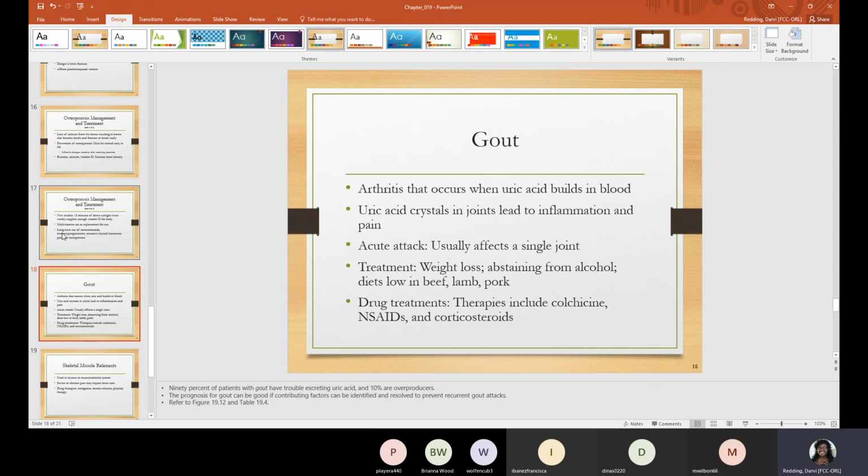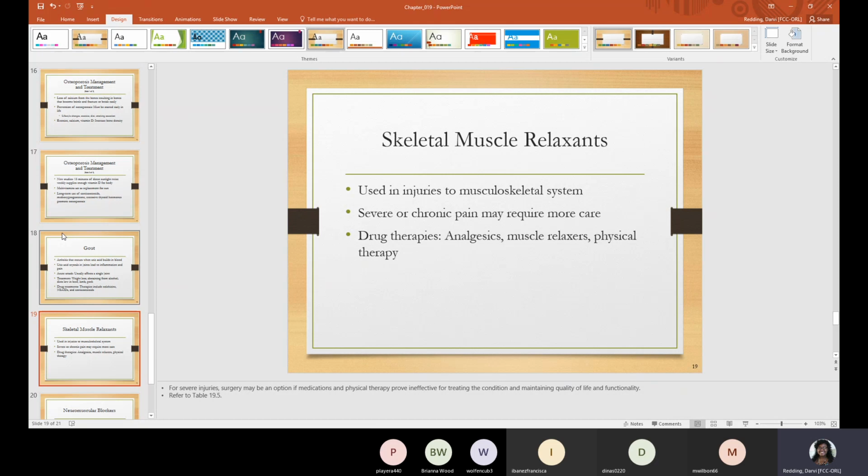And so we can't talk about the skeletal system without talking about skeletal muscle relaxers. And that's what we'll actually be talking about next. Skeletal muscle relaxants are used in injuries associated with the musculoskeletal system. They're used if a person has severe or chronic pain, and they may require more care.